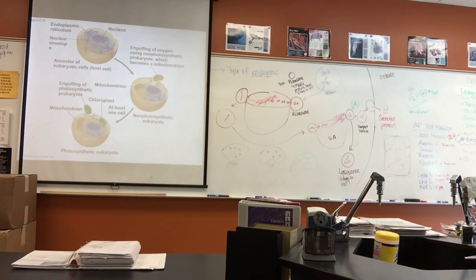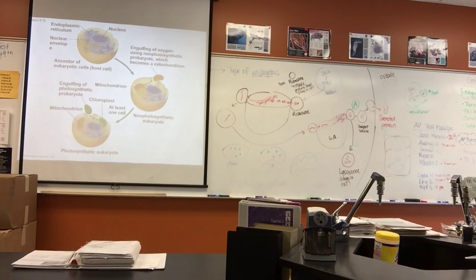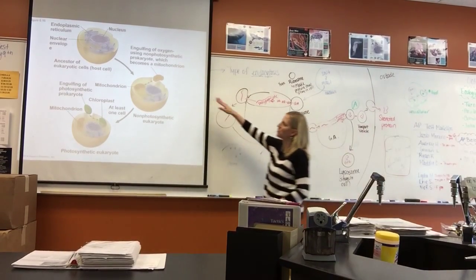So this is what kind of sums up what she thought. On the top there is the ancestor millions of years ago, you have a eukaryotic cell. Notice that eukaryotic cell at the top doesn't have a mitochondria or a chloroplast. So then, since the mitochondria has its own DNA and ribosomes, her theory says, maybe it was its own little prokaryotic cell.